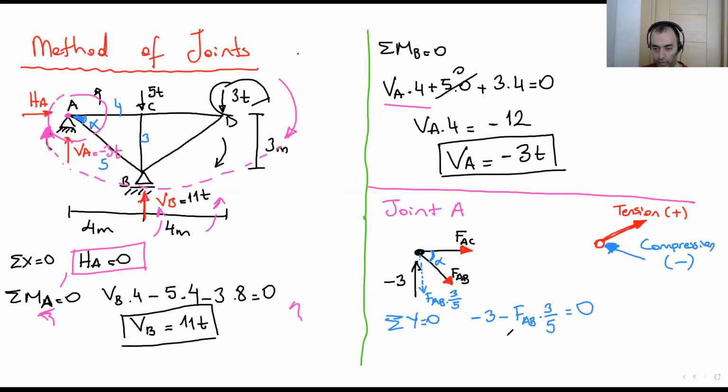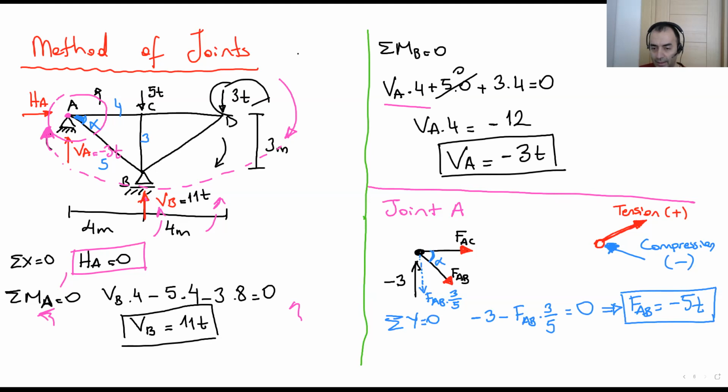So from here, if you do this calculation, FAB is -5.